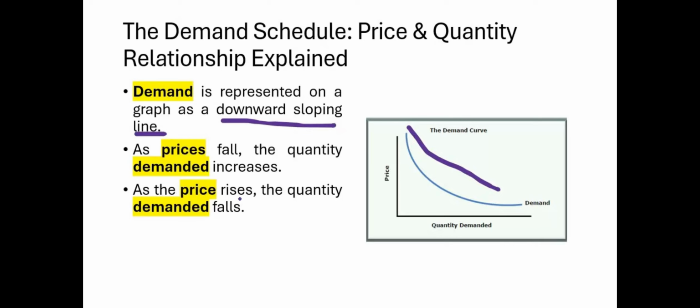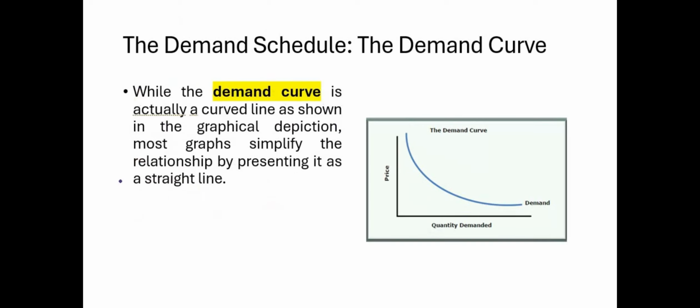And as the price rises, the quantity demanded falls. Lastly, while the demand curve is actually a curved line, as shown in the graphical depiction, most graphs simplify the relationship by presenting it as a straight line.